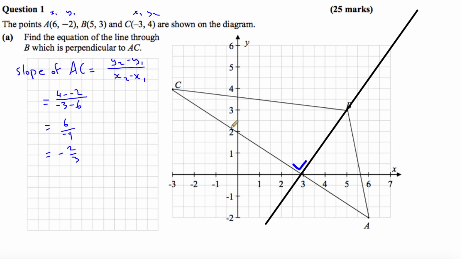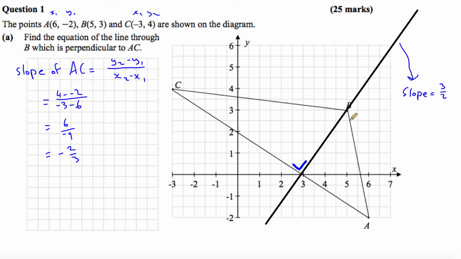Well, if the slope of AC is minus 2/3, the slope of this line here would be the flip of this and change the sign. So if you flip this fraction upside down, the slope of this line will be 3 over 2, instead of minus 2 over 3. So you flip the fraction and change the sign. So that's a slope of 3 over 2.